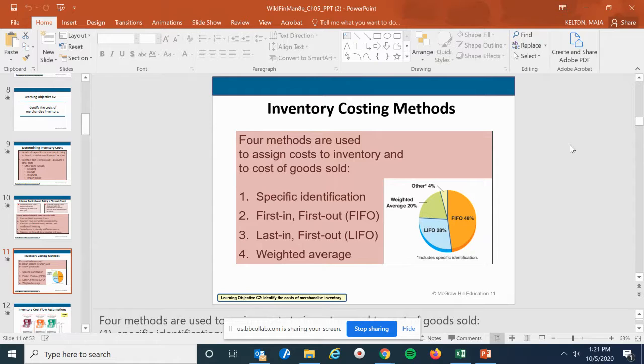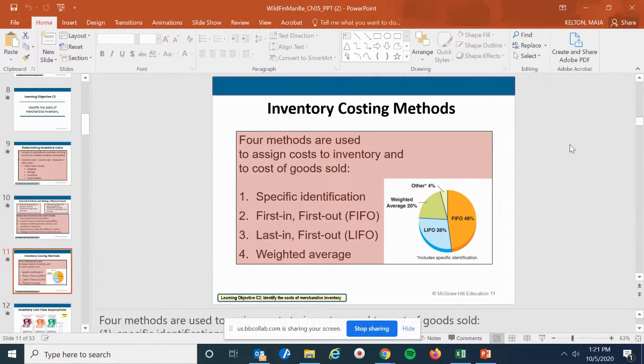The first items purchased should be the first items sold. But remember, this is an accounting class, so what we're looking at has nothing to do with the physical inventory flows. This is just an accounting assumption.